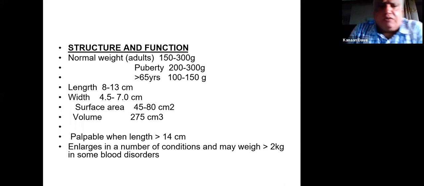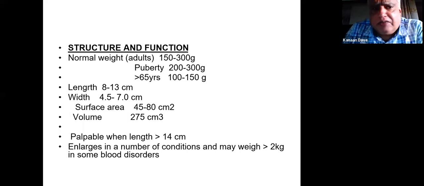The normal weight of an adult spleen is between 150 to 300 grams. At puberty, it is 200 to 300 grams. After the 6th decade of life, it shrinks and weighs between 100 to 150 grams.